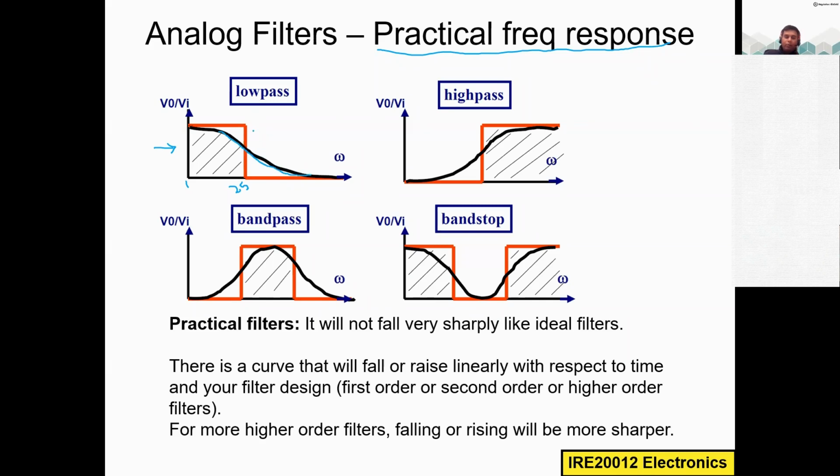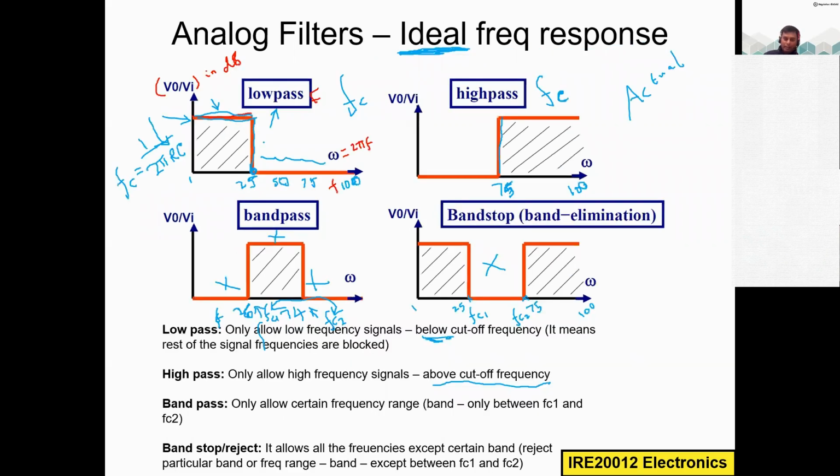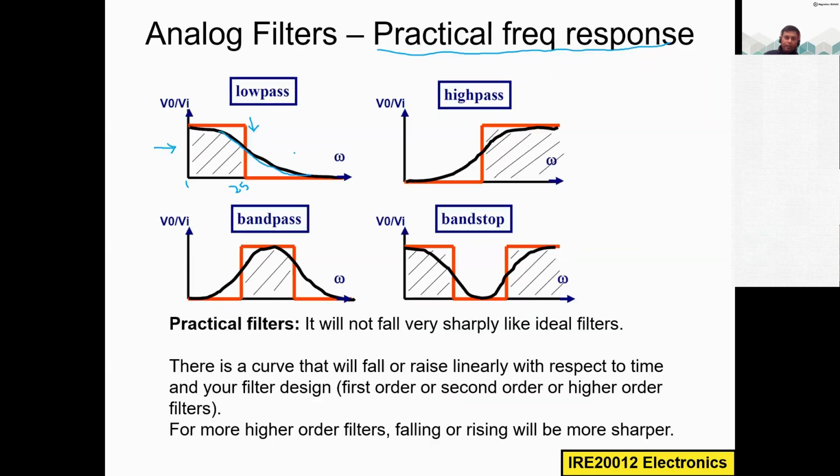Practically, we want the curve to be very sharp like this. But remember, it's almost impossible to design an ideal filter. We cannot really achieve an ideal frequency response like this. So in a practical filter design, the frequency response will be like this. But what we can do is improve this linear region.